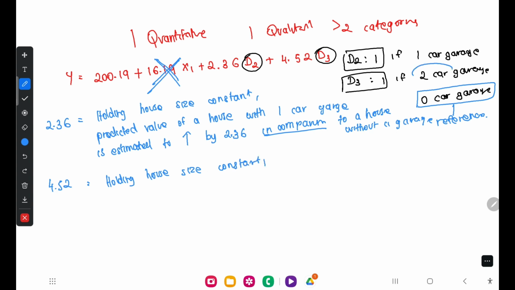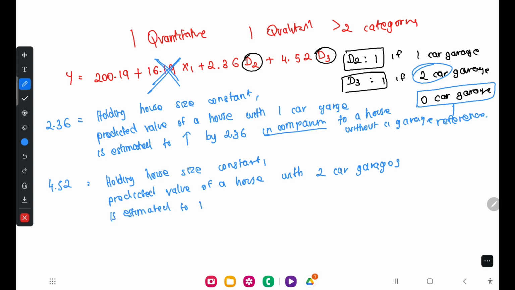D3, we are talking about two car garages, so we say predicted value of a house with two car garages is estimated to increase by 4.52 in comparison to always a reference category, again a house without a garage.